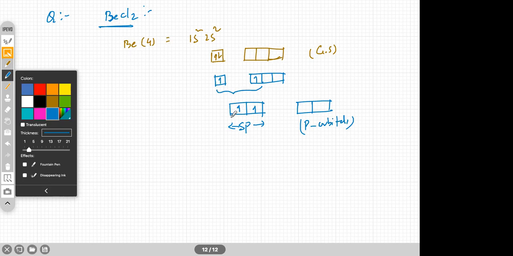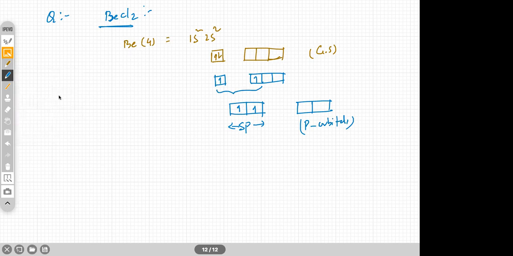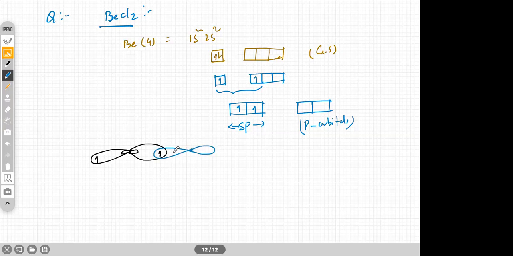Now these sp hybrid orbitals take part in the bonding. If I draw the orbital diagram, there is 1 electron here, 1 electron here, in the hybrid orbitals. And for chlorine, we have a p orbital with 1 electron. This is the internuclear axis, you see, and this overlap is sigma overlap.